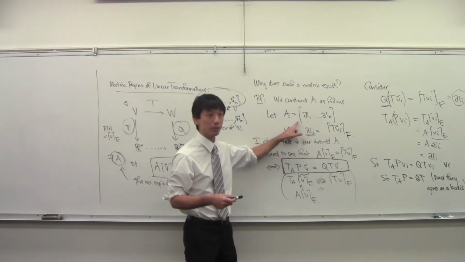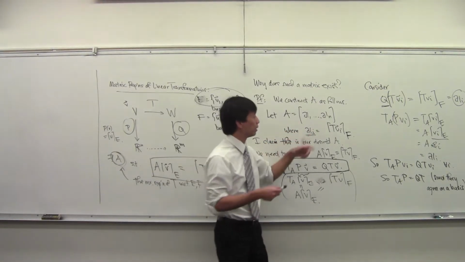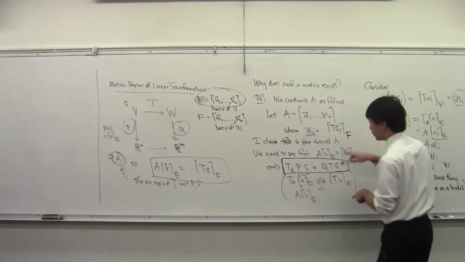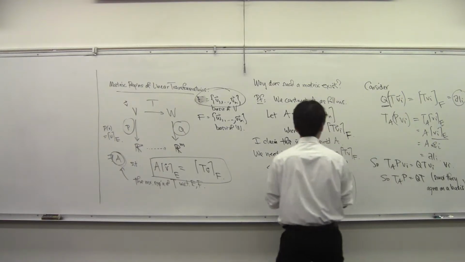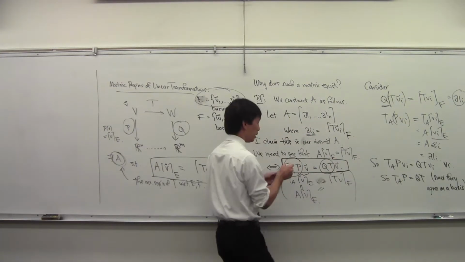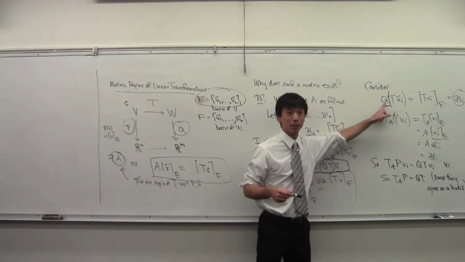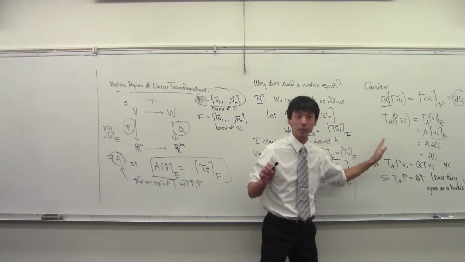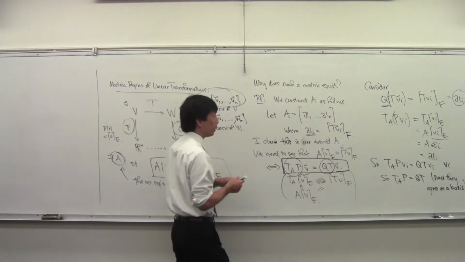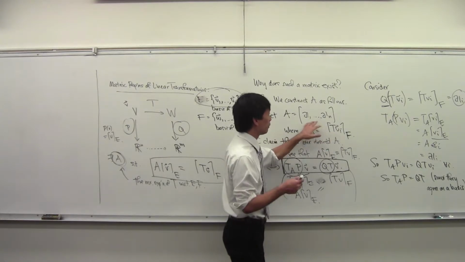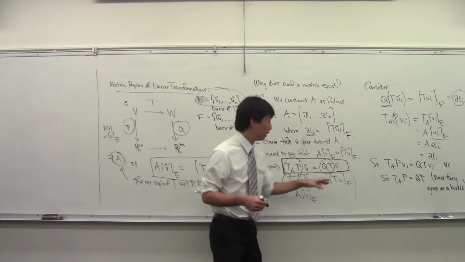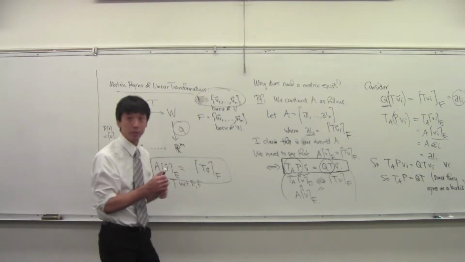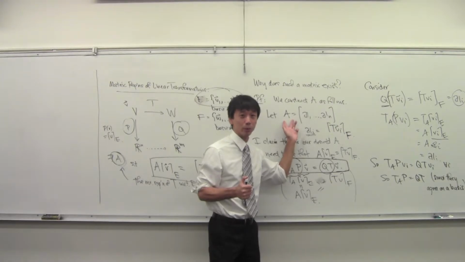We create the A matrix, and we see that QT and TAP agree on the VI basis, on the E basis. And so these are equal. That's it. Okay. So we build the matrix like this, and if we do it that way, then we get this agreement. So this gives us the way of constructing the matrix representation.